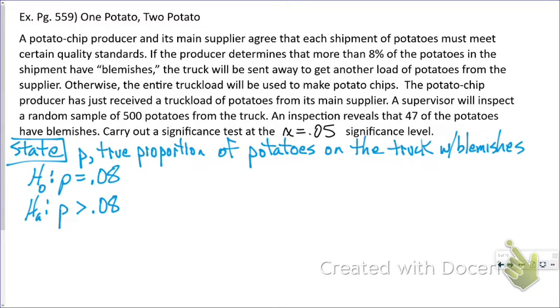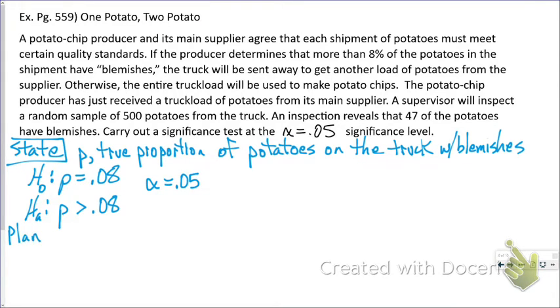I've never talked about this before because we haven't done a test yet, and it's typed up there in the problem for us, so we need to just put it up here in the state step. Technically, you're supposed to set that before you take a sample, because that'd be thought of as manipulating your data if you don't. So, like manipulating the result so that you reject or fail to reject, and that's bad.